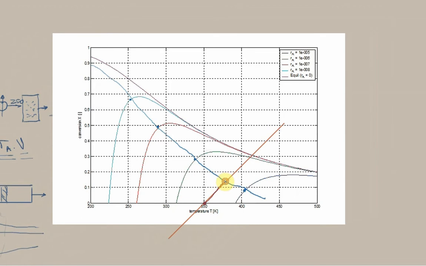We are going to sit here on this maximum rate line, so the entire reactor will be operating at this nice high reaction rate. So that's good. And then let's say we could cool down, well, all the way to 250 Kelvin.